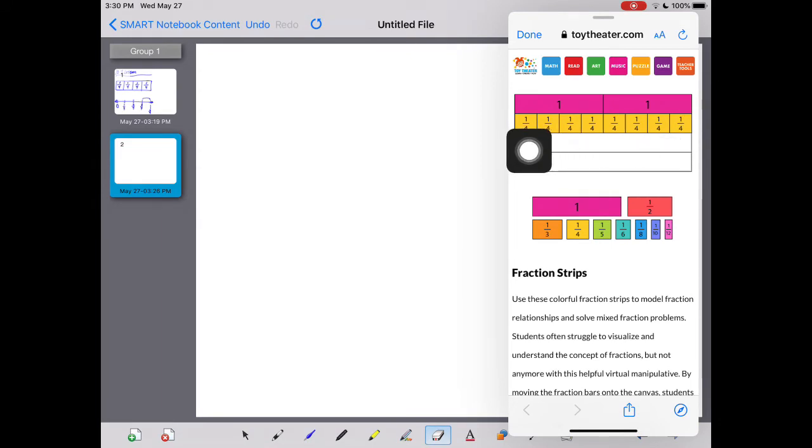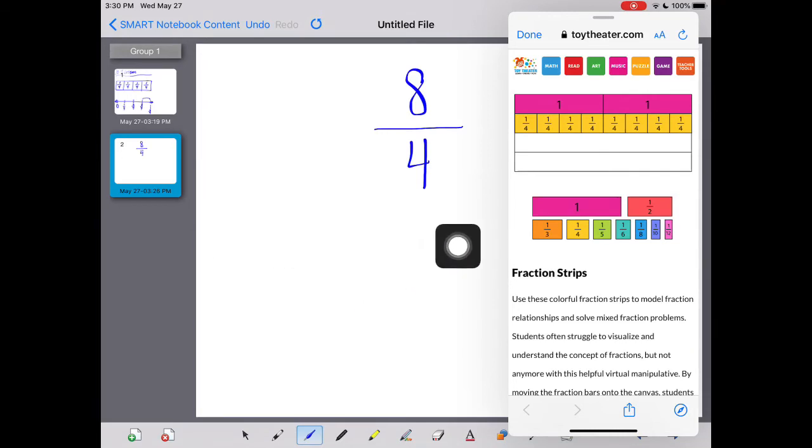So if we're describing 8 pieces, our numerator will be 8. So we'd have 8 fourths. Now that should look strange to you, because we are not used to seeing the numerator larger than the denominator.